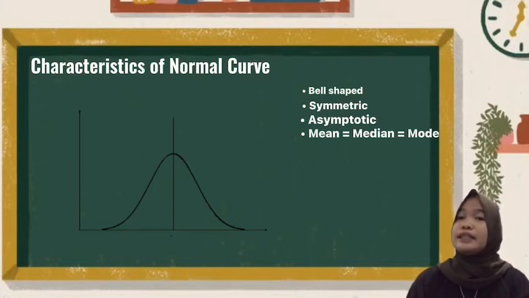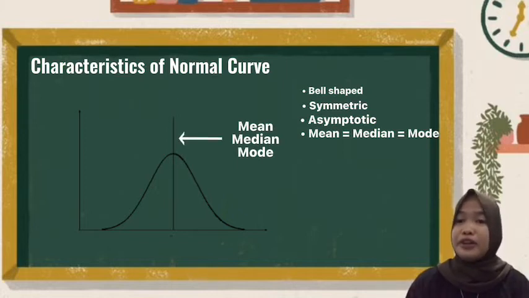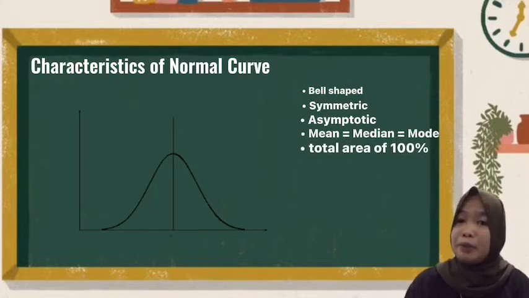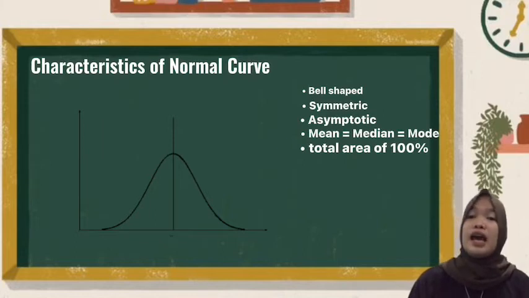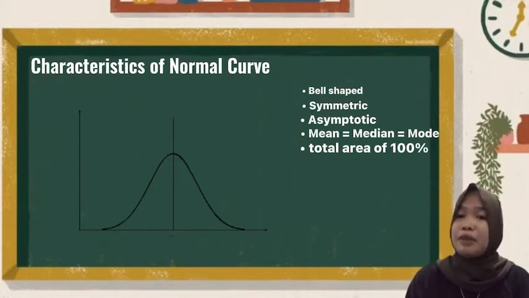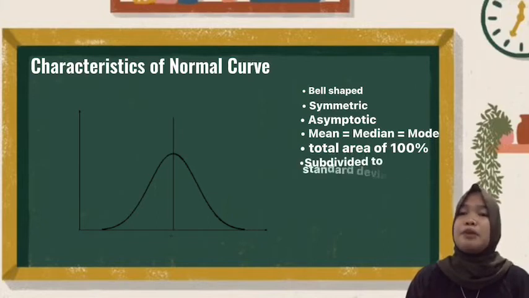So, the mean, median, and mode are at the 0. Another characteristic is the total area of this graph is 100% from left to right, or 1. Aside from that, the normal curve distribution is subdivided into standard deviations.